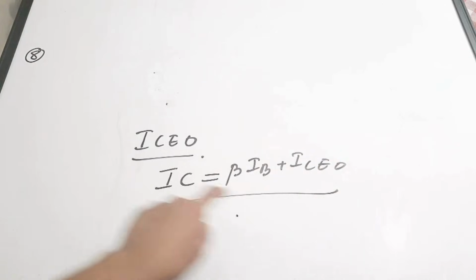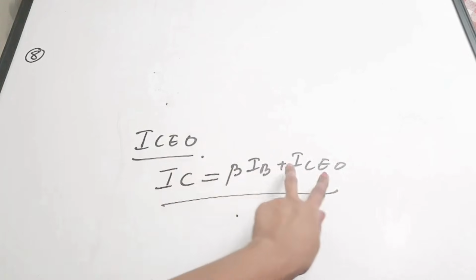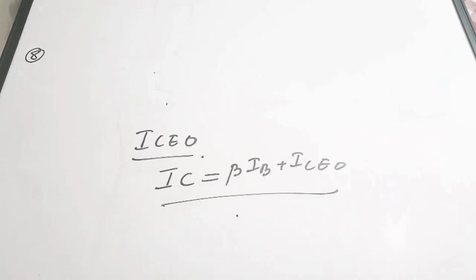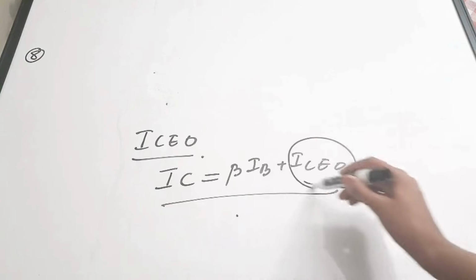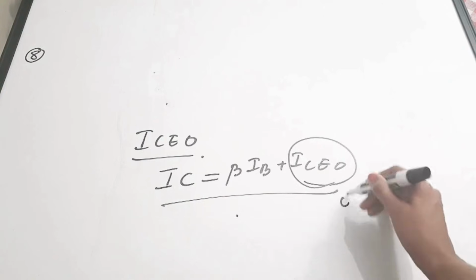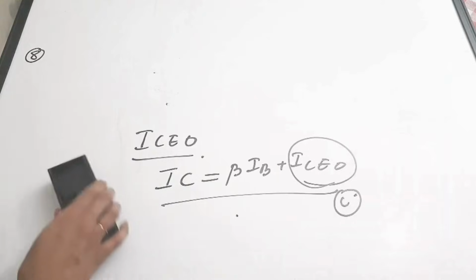Even when the current IB is equal to 0, there will be some minority current ICEO, and that constitutes the total collector current. So the question is asking about the small amount of current, which is nothing but ICEO. The correct answer is option C. Okay, then the 9th question.